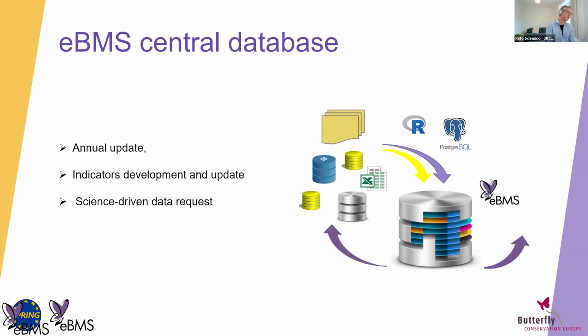So 5.1, 5.2, 5.3, depending on whether it's a major or relatively minor update. So it's annually updated. It helps us to develop and update the indicators. The grassland indicator is one of them. And we also have an increasing number of science-driven data requests by researchers.